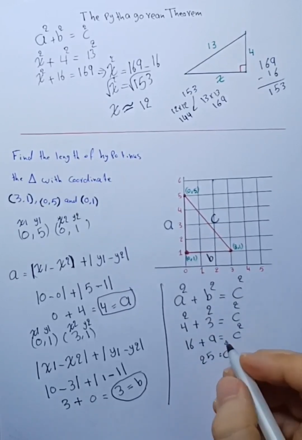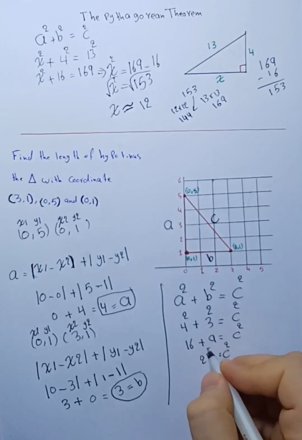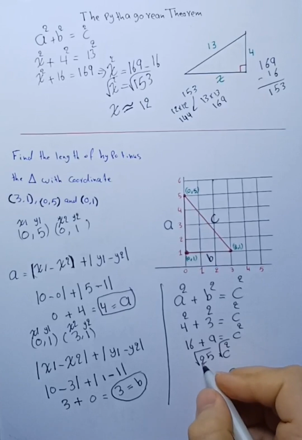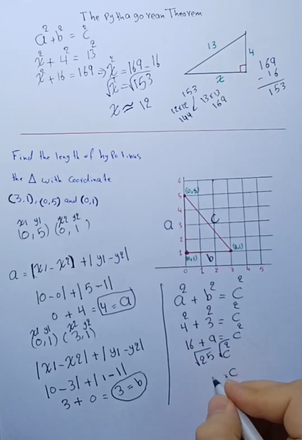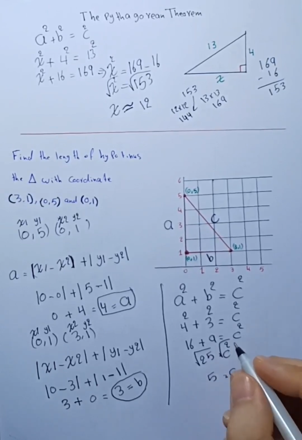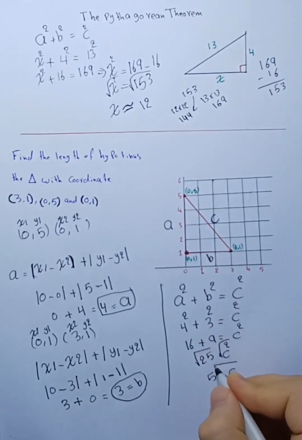You have to take the square root of both sides. So C equals the square root of 25, which comes from 5 times 5. So 25 is a perfect square. So the length of the hypotenuse for this triangle is 5.